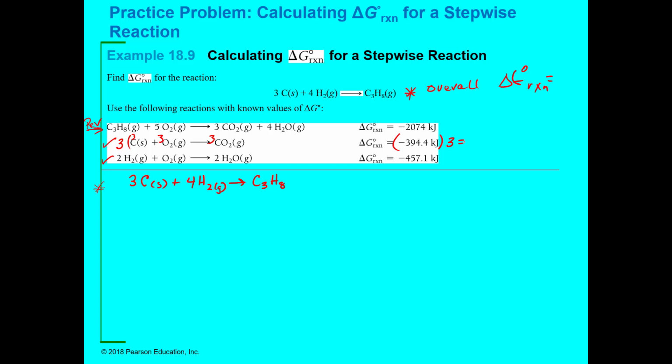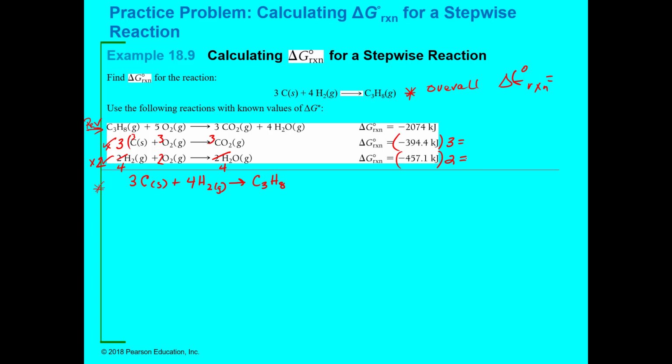I need 4 H2s. I already have 2, so I'm going to have to multiply that by 2, which would give me 4, 2, and 4. And I'm going to have to multiply that number by 2.